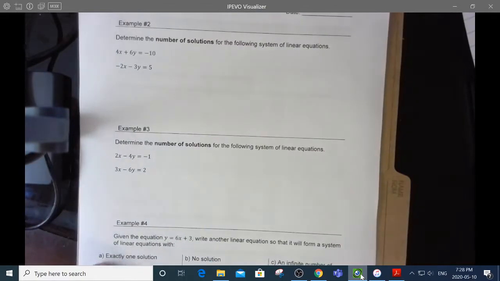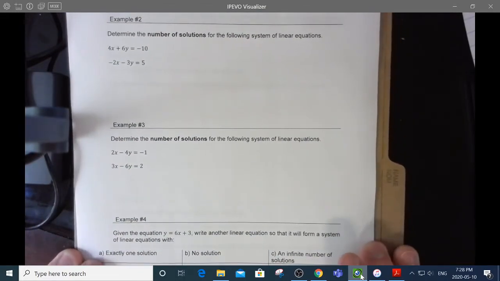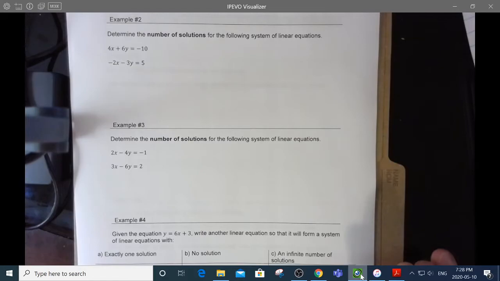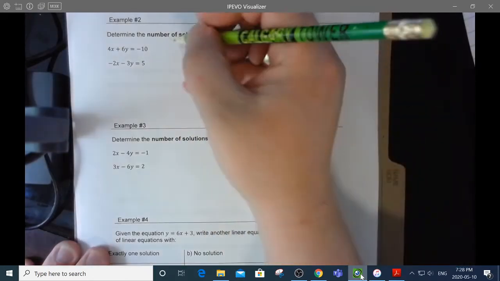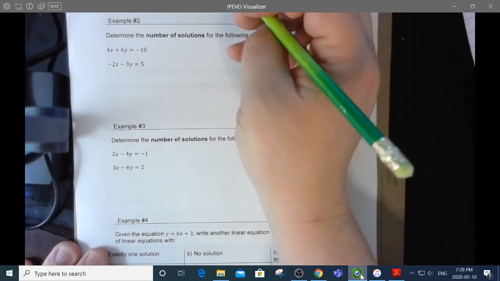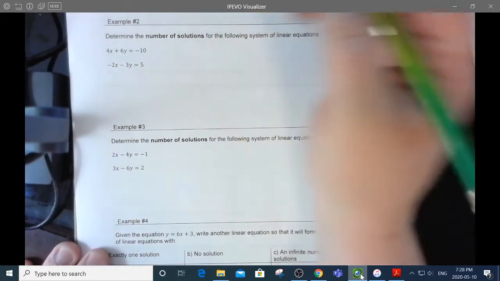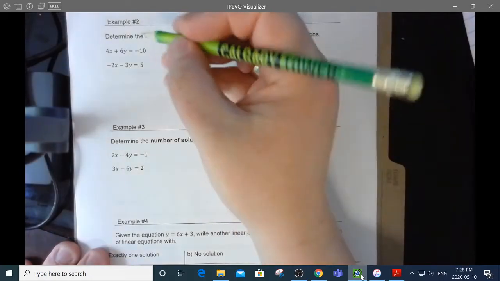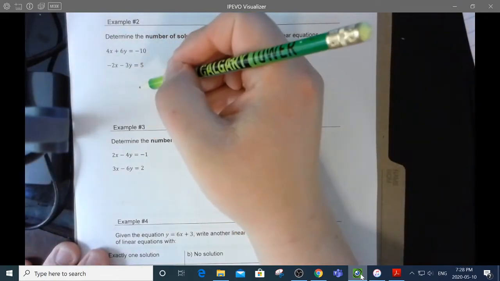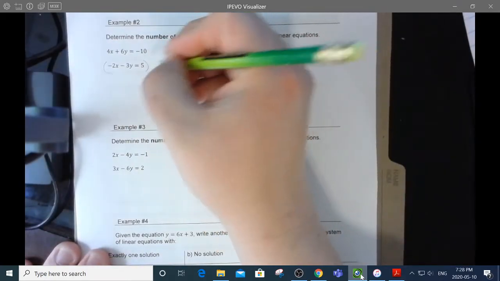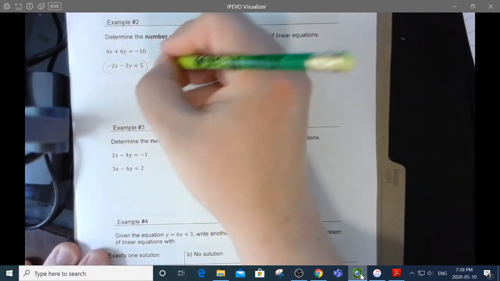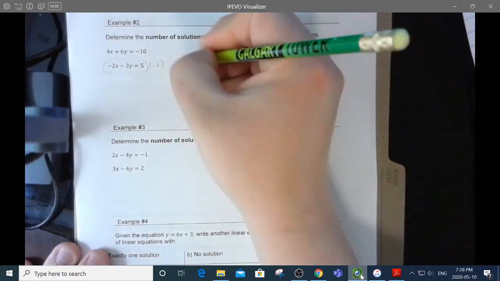Example 2, determine the number of solutions for the following system of linear equations. Okay, determine the number of solutions. So, once again, you know what, I have a different idea this time. What I noticed looking at this one is that if I multiply this equation, all three terms of it, by -2, look what happens.